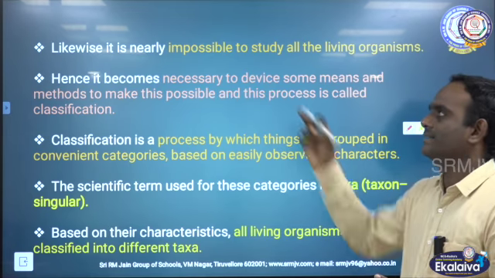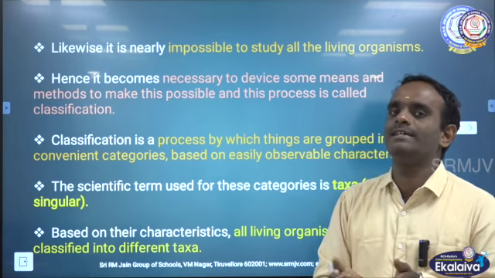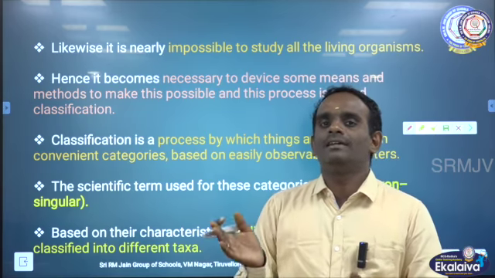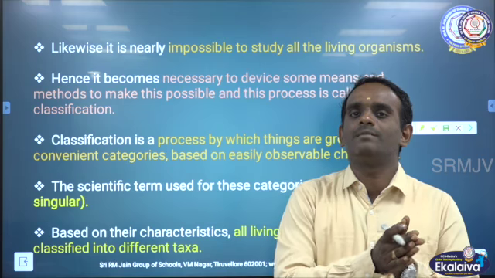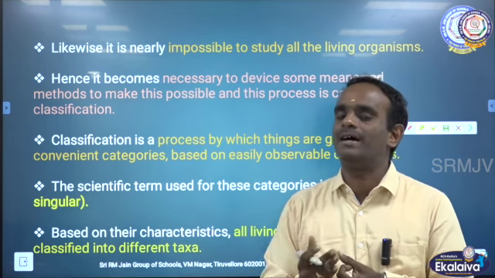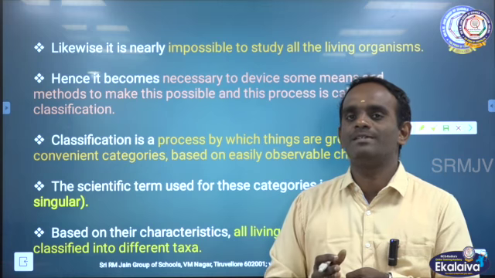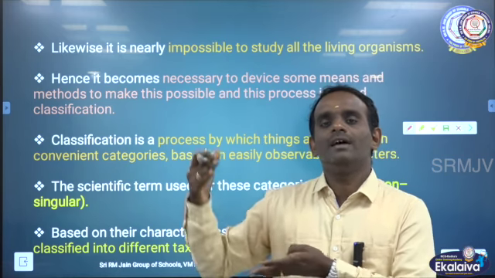Likewise, it is nearly impossible to study all the living organisms. As I said, so many different types of organisms are there. Starting from microorganisms, very small organisms, bacteria, cyanobacteria, eubacteria, blue-green algae, protozoans, then algae, bryophytes, pteridophytes, then animals.